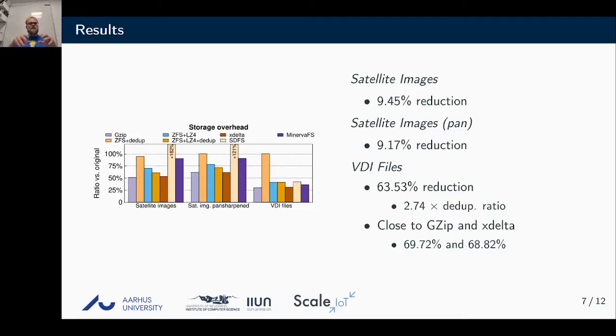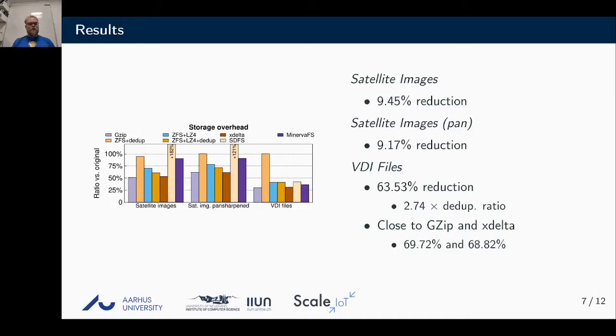And one thing to remember here is that the 63.53% reduction and the 2.74x deduplication ratio that MinervaFS provides is including all the scaffolding, and that is important in the next slide. So all in all, we have shown that MinervaFS is actually able to provide significant reduction in storage usage, even for small datasets.